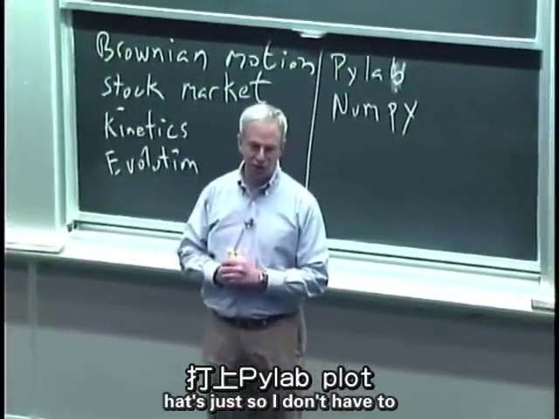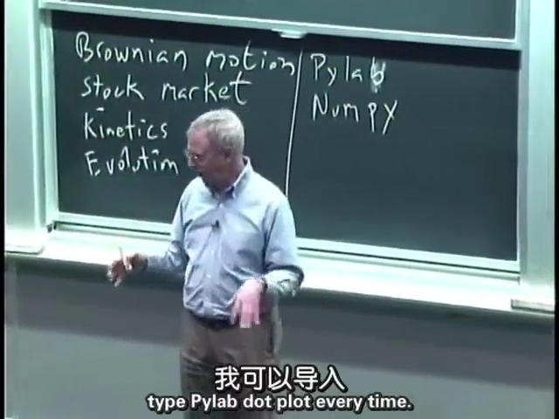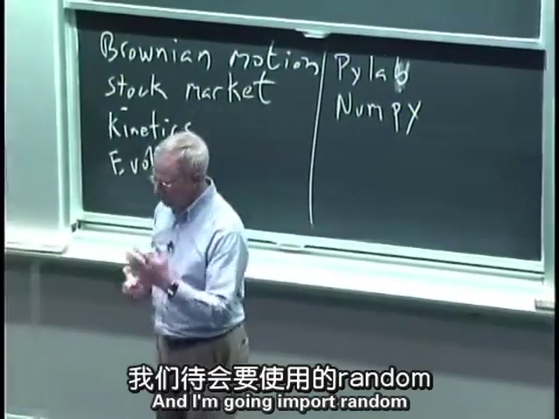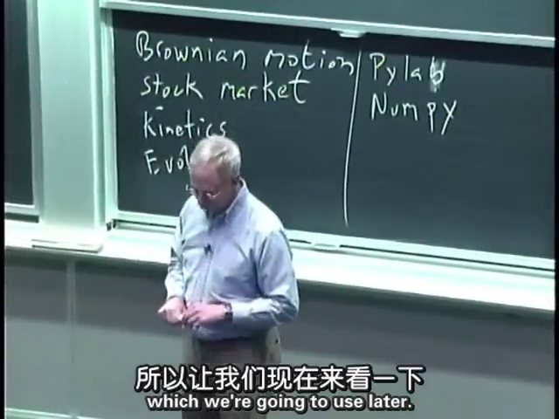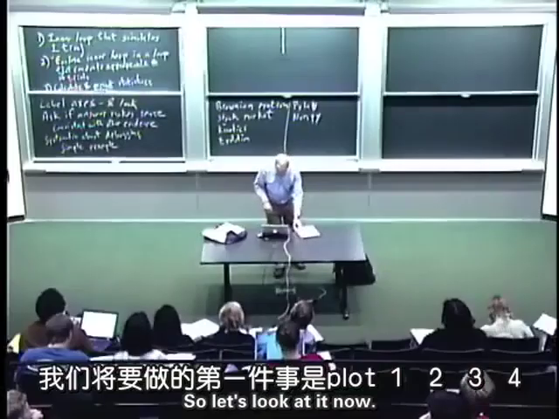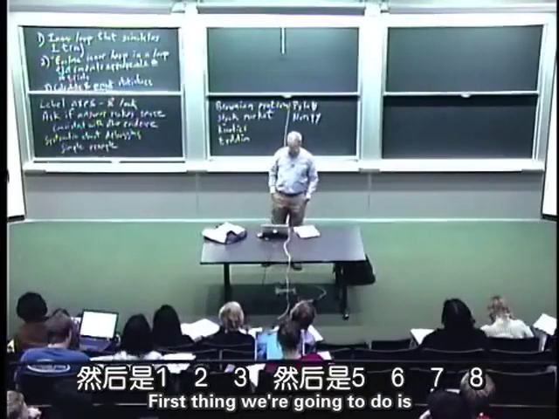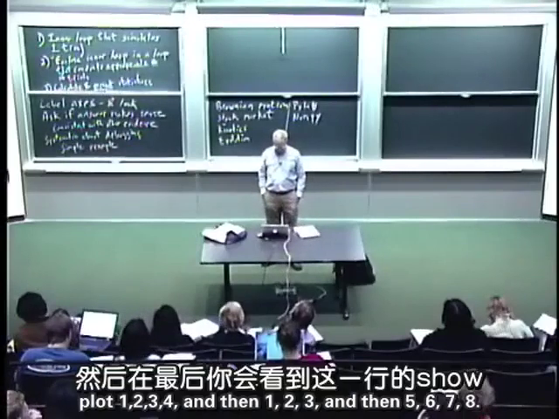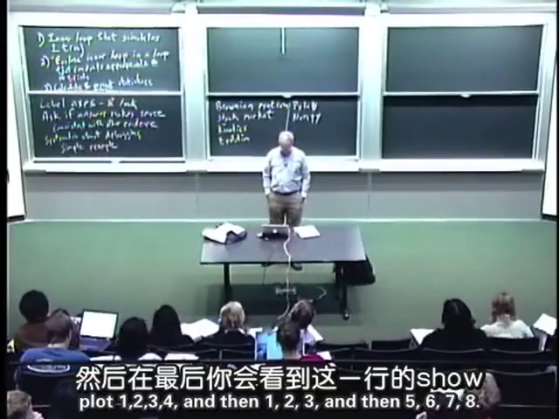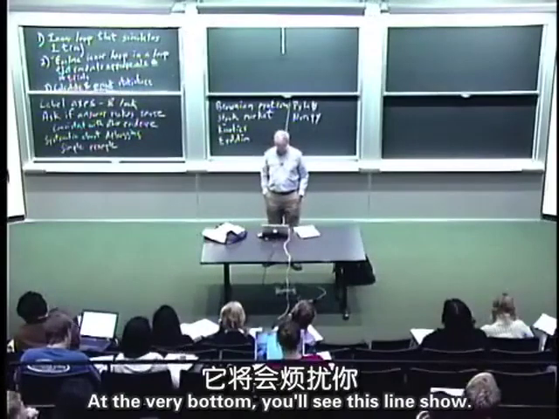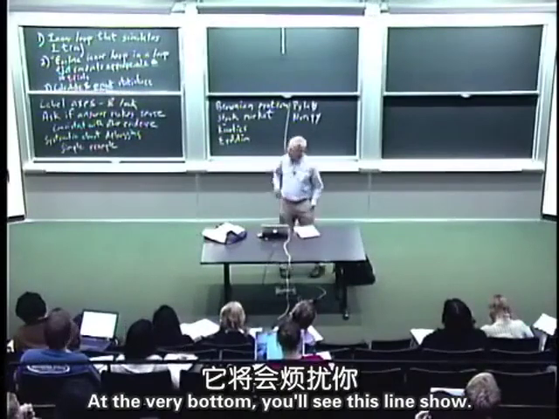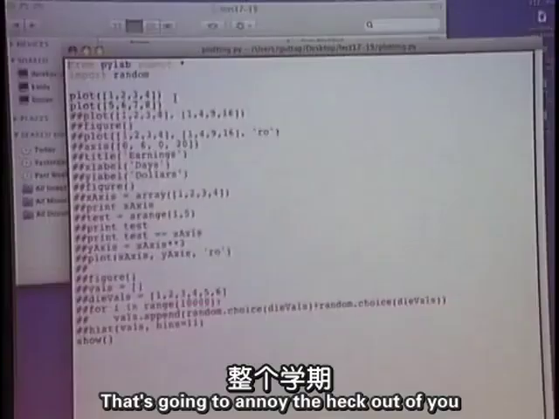That's just so I don't have to type pylab.plot every time. And I'm going to import random, which we're going to use later. So let's look at it now. First thing we're going to do is plot 1, 2, 3, 4, and then 5, 6, 7, 8. And then at the very bottom, you'll see this line show.